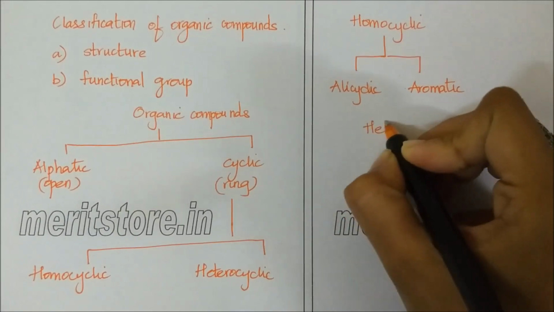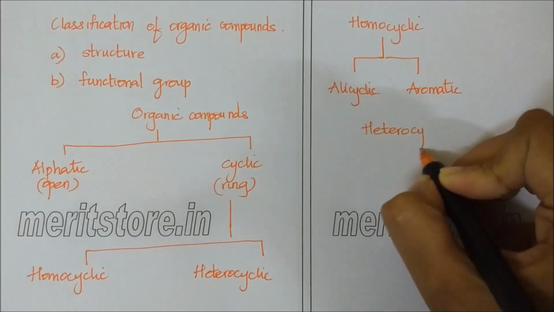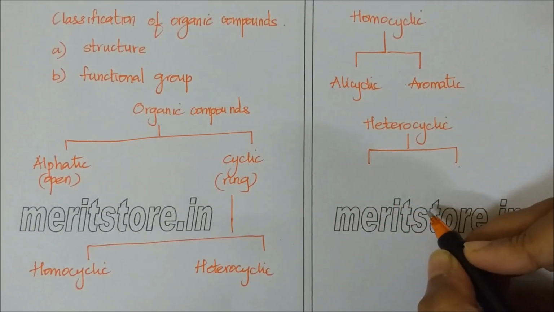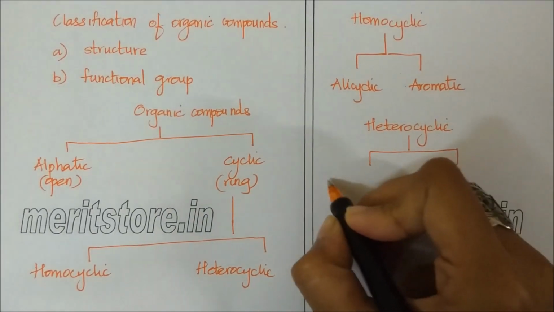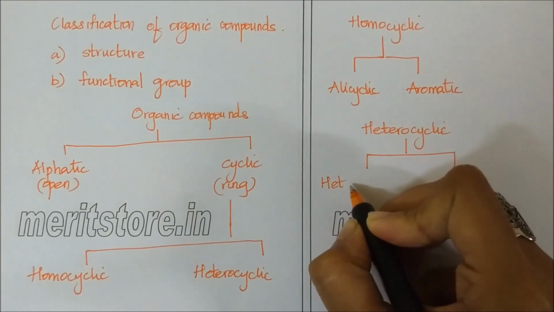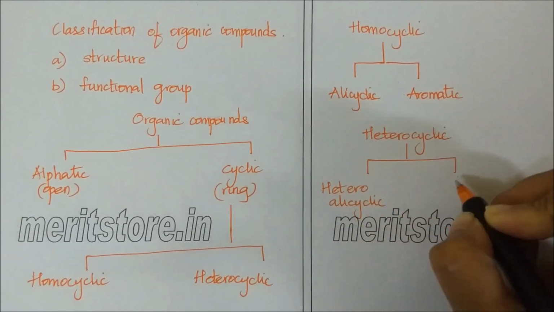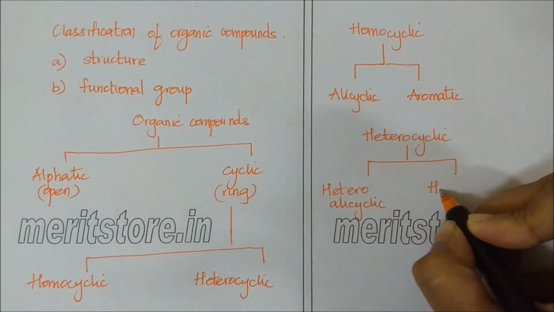Heterocyclic compounds can also be classified into hetero-alicyclic and hetero-aromatic compounds.